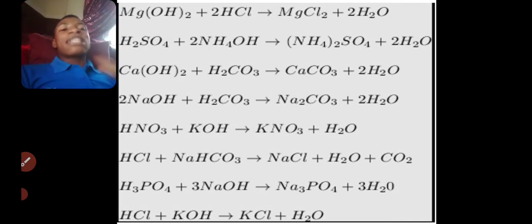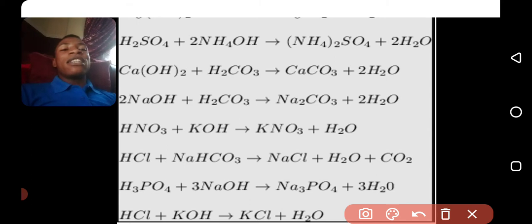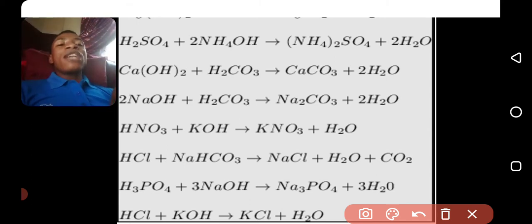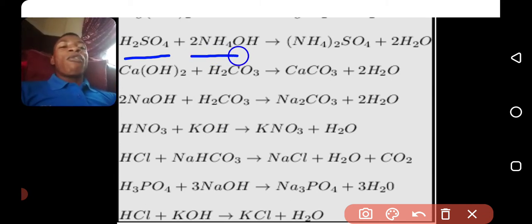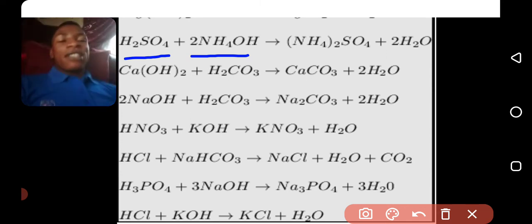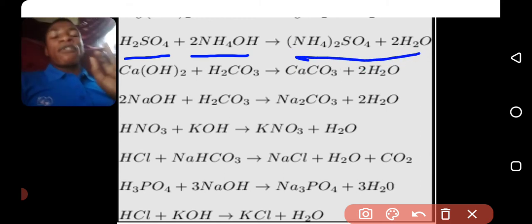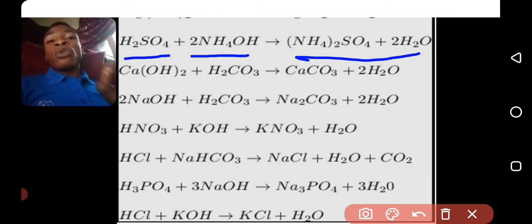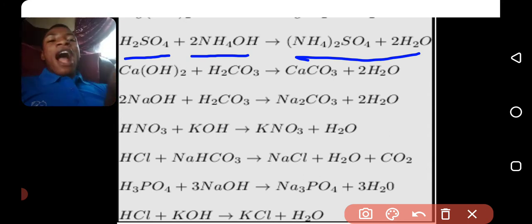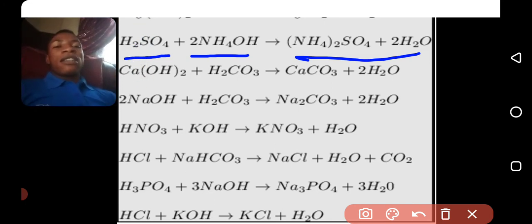The examples that we have here are all acid-base reactions. H2SO4 is an acid, of course, you are familiar with that. NH4OH is a base, a weak base. Now see how we are going to get our product, because it's very important for you to know how to arrive at the product of an acid-base reaction. Hydrogen here is one entity, SO4 is another unit.